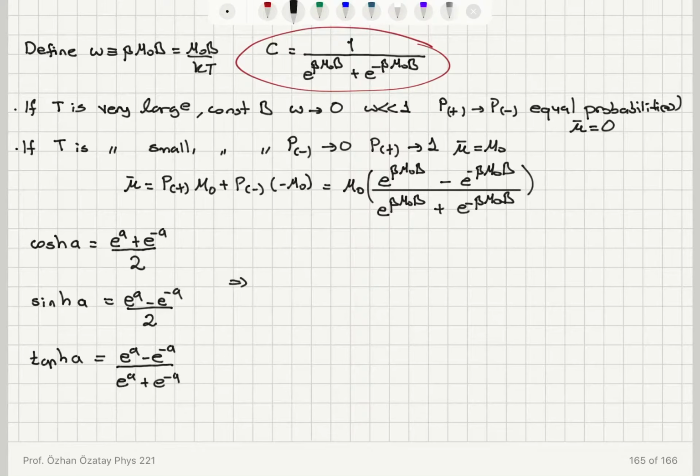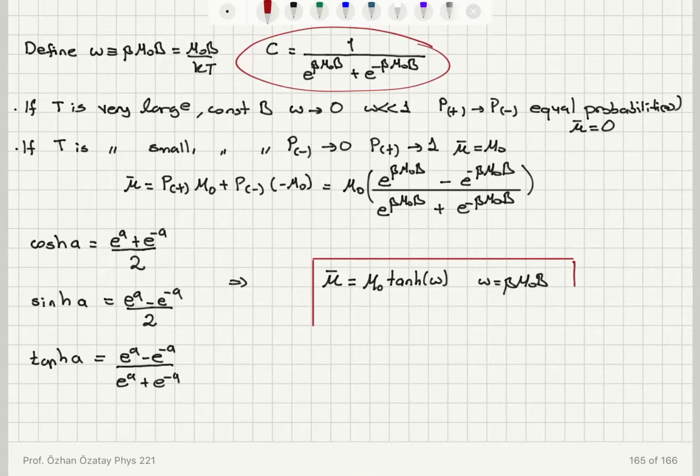Therefore, the mean magnetic moment per atom will be mu 0 times tangent hyperbolic omega, where omega is beta mu 0 b. This is the answer to the question that I asked initially, the average moment per atom.